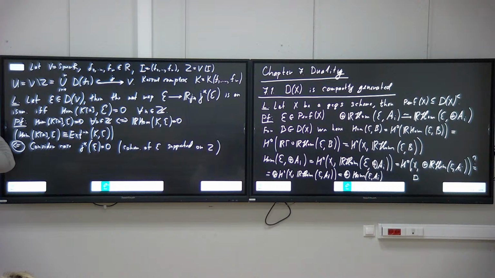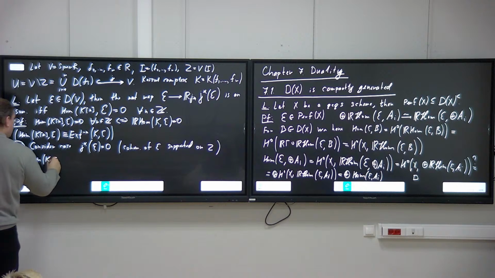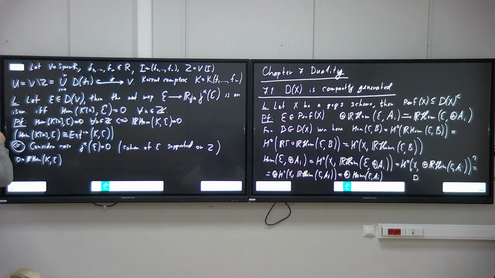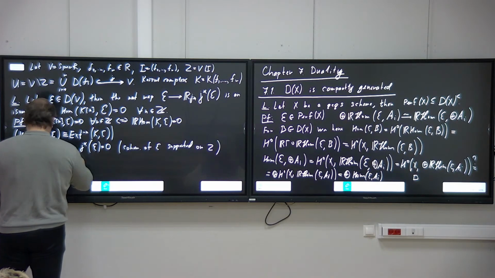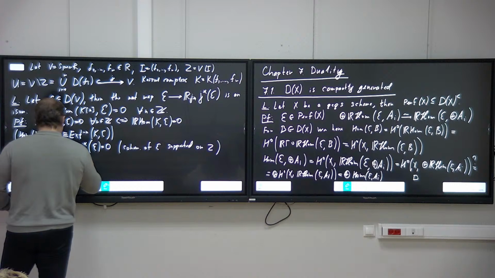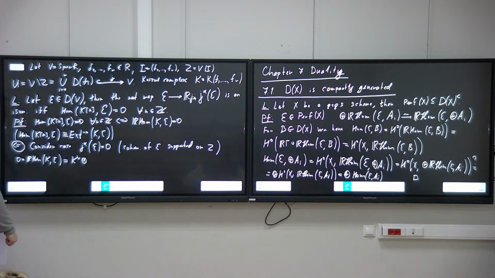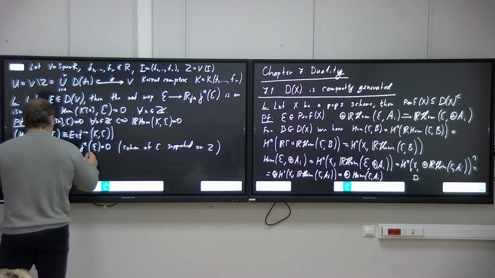So then, with this given condition, I can rewrite this: the RHom from K to E is 0. Since the Koszul complex is a perfect complex, I can write this as the K dual tensor product with E. I don't need to derive the tensor product because K is definitely K-flat. It's a finite complex of free modules, so it's a finite complex of flat modules.